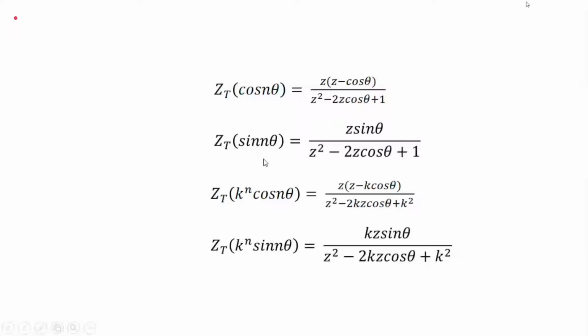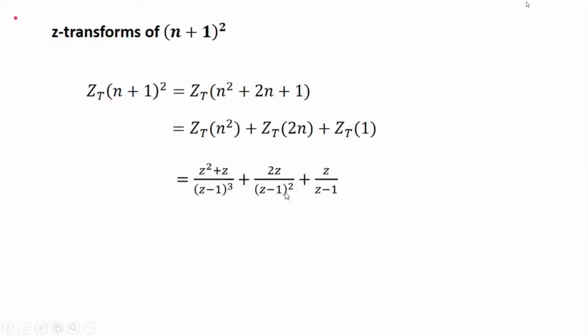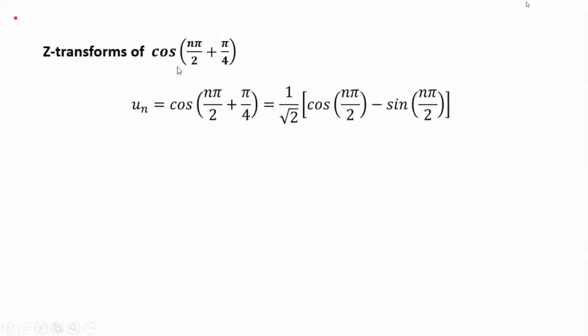Similarly, sin pi by 2 is 1 and cos pi by 2 is 0, so it will be z by z squared plus 1. So that is how we obtain the transform of functions which involve sine or cos by using the trigonometric formula.